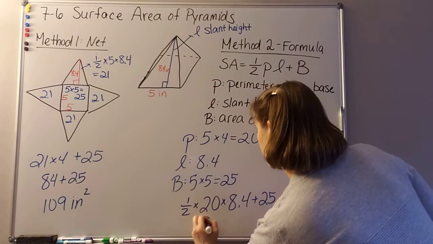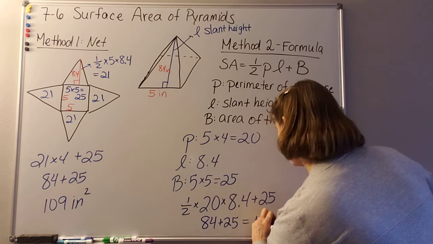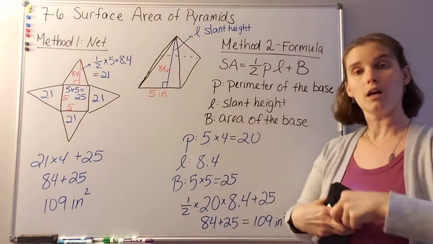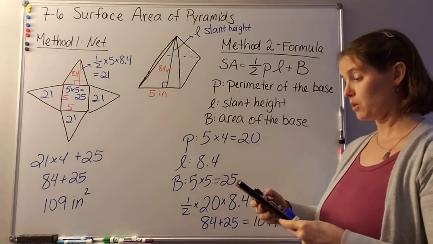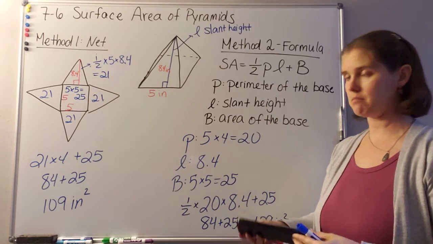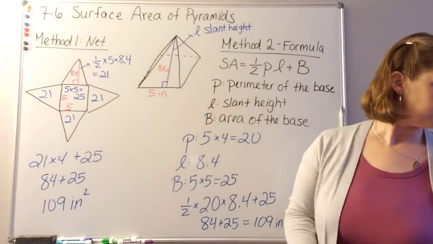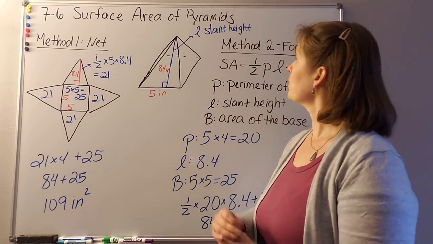So we have 84 plus 25, which still should equal 109 inches squared. So you can see we have a net method, we have a formula method, similar to the prism, but a little bit easier, that you can use to find the surface area of square pyramids.